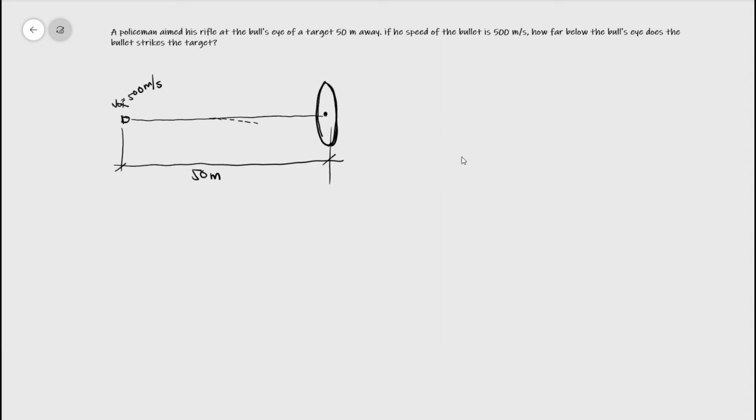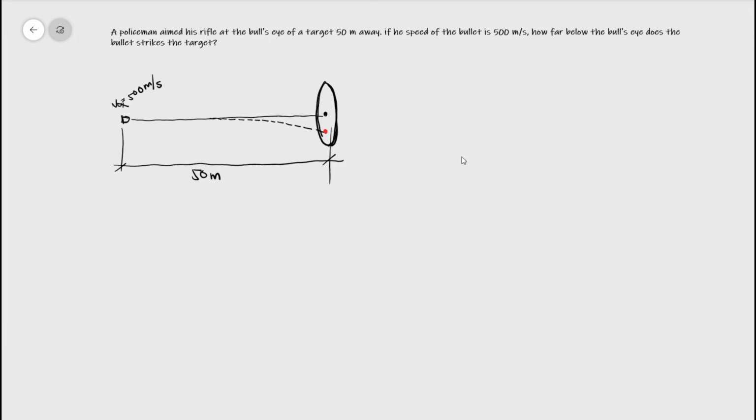Due to the opposing force, which is the air resistance, the bullet did not hit the target. Let's say the bullet hit at this portion of the target.